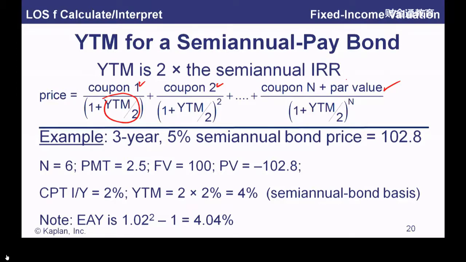So now we can look at our 3-year, 5% semi-annual bond, price 102.8. Well, we've got a 3-year semi-annual pay bond, N equals 6. The payment, 2.5 per $100 of value. Future value, 100. The 2.5 is half of the 5% every 6 months.